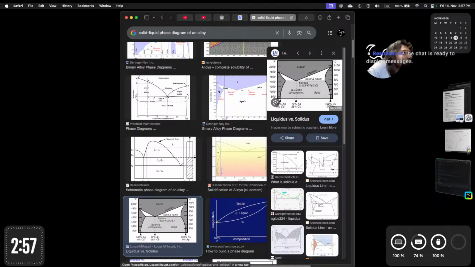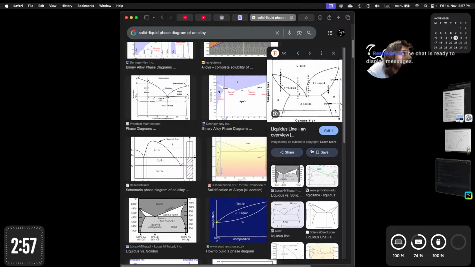So this is for copper. And that's the eutectic composition. That's the liquidus line. And it's a solid, so they basically started from zero.